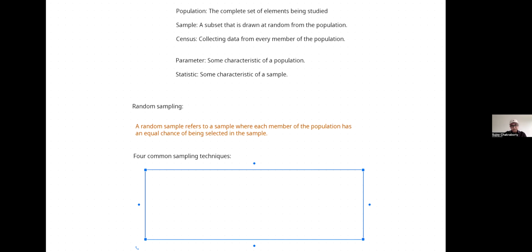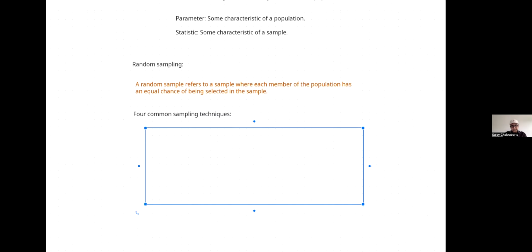Okay. So that is what we mean by clustered sampling.